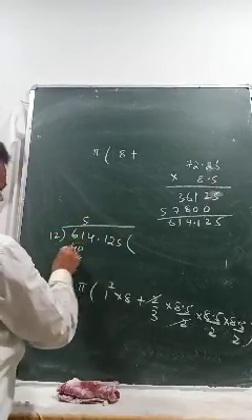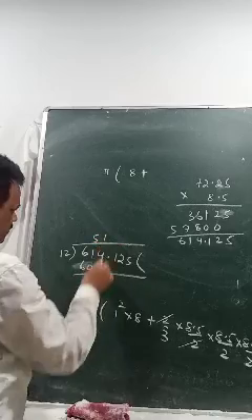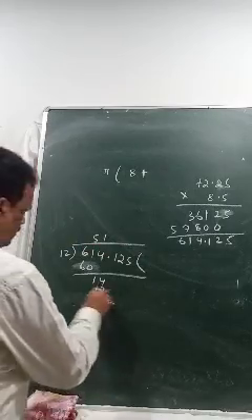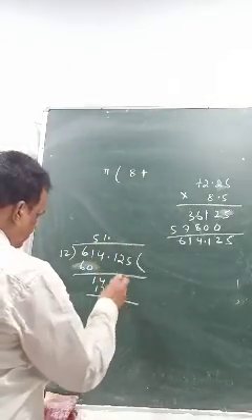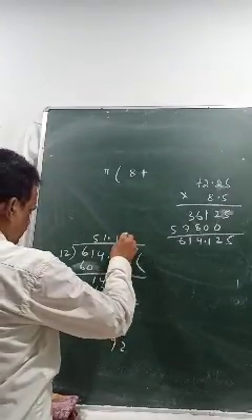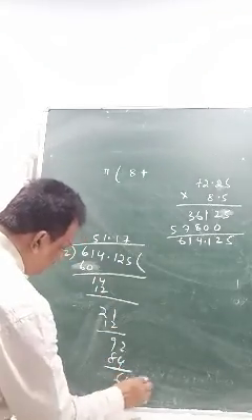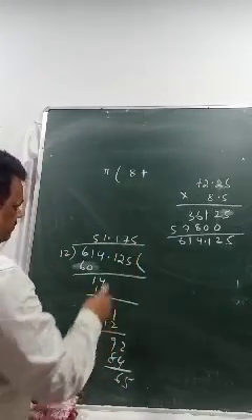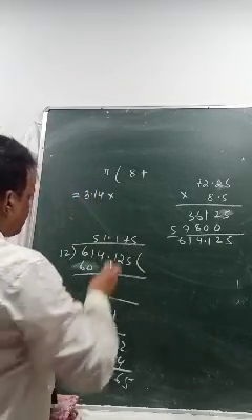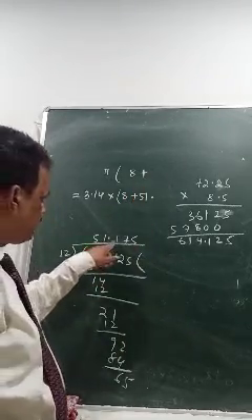12 5s are 60. Continuing the division, approximately you are getting 51.17. Look, when you round off it is always easier.